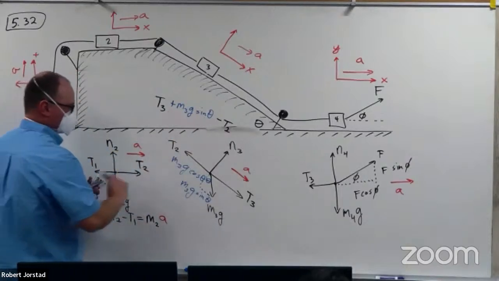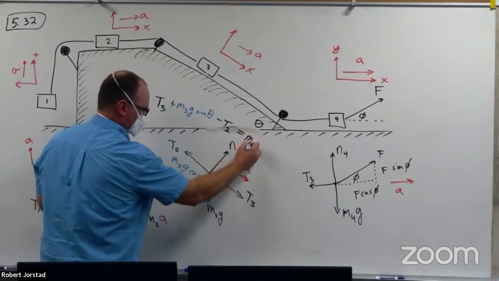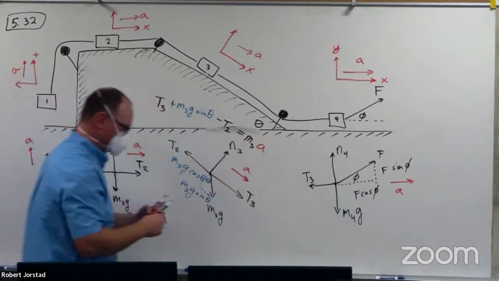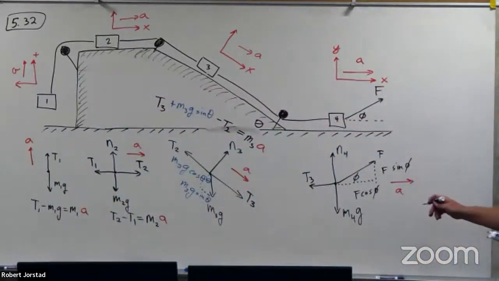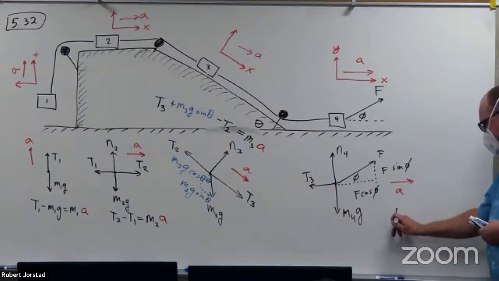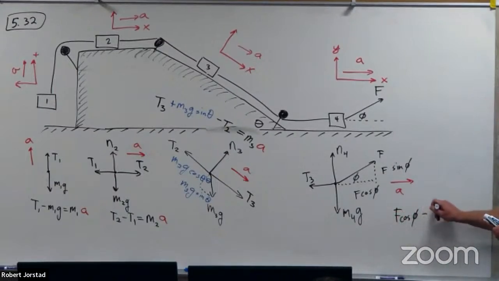No. Equals? Which end? m3a. Last one? Somebody else. You got it. Finish strong. Forces in the x. F cos. Sorry, I was unclear there. My bad. Minus T3 equals m4a.